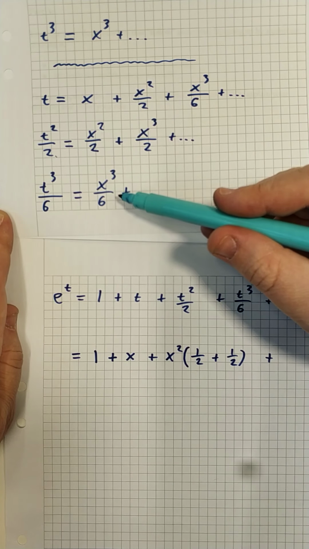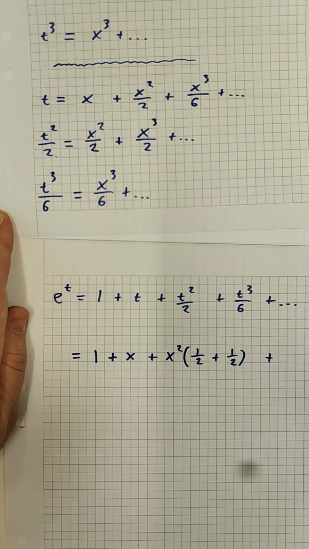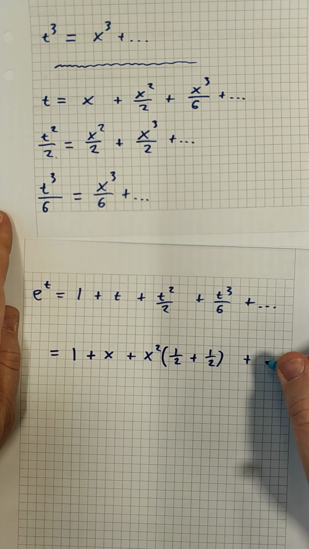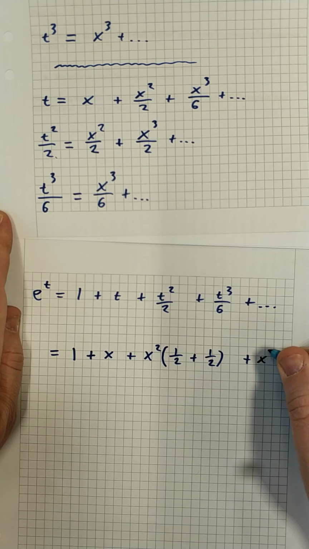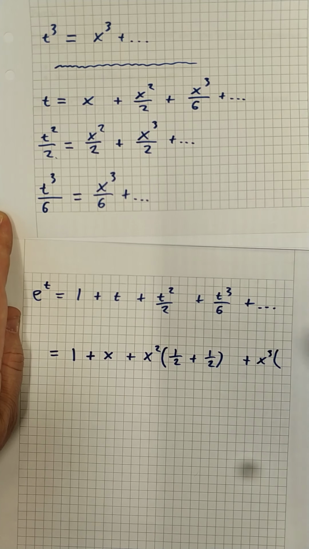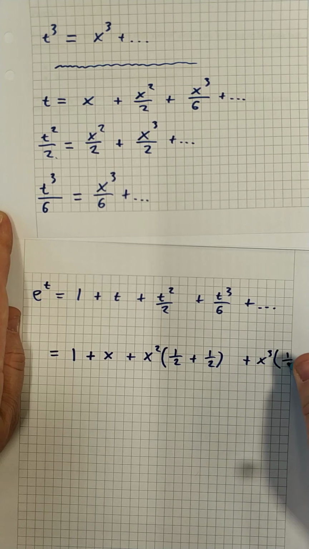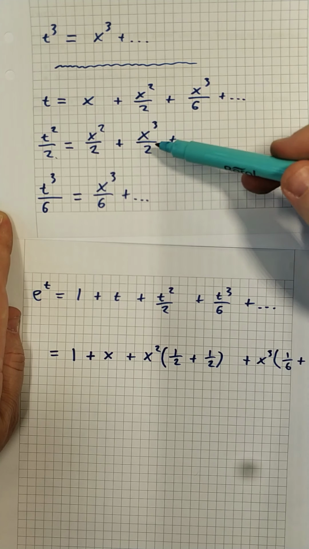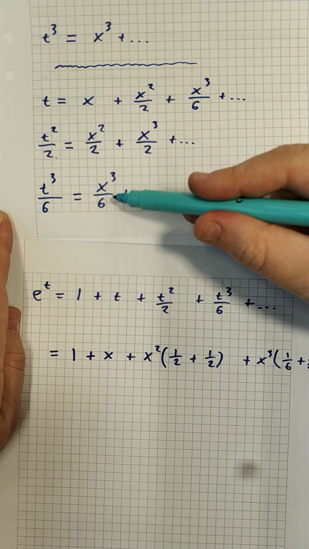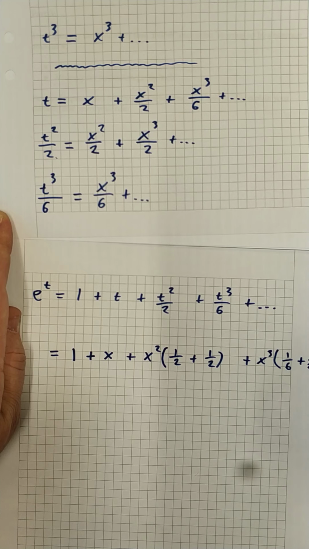There's no x squared term in t cubed and not in any of the ignored higher order terms. What about x cubed? Well, I will get 1/6 from t, 1/2 from the t squared over 2 term, and 1/6 from the t cubed over 6 term.